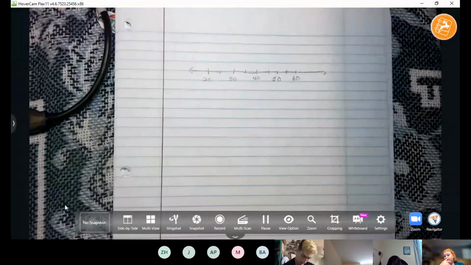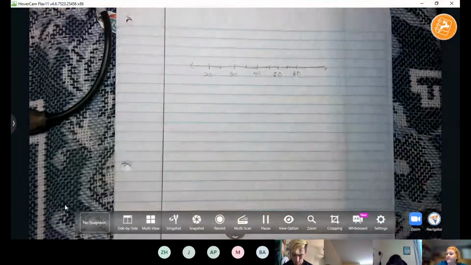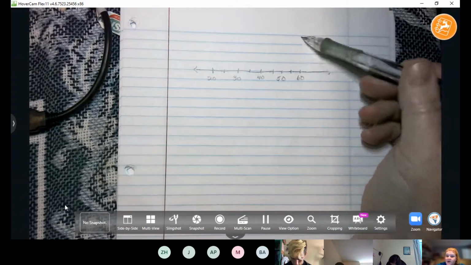And you should have the spaces even. Mine are not quite even, but you want to make them as even as possible when you draw them. You certainly don't want one real close together and the other one real wide, but try to make them as uniform as possible. I'll give you a moment to get yours drawn. Notice I've left some space above my number line so I can draw my box plot above it.